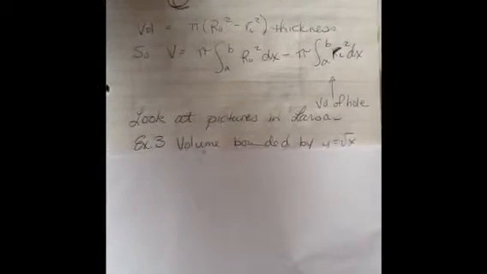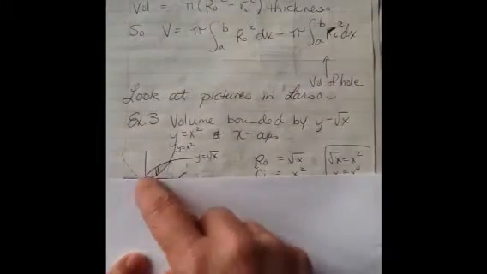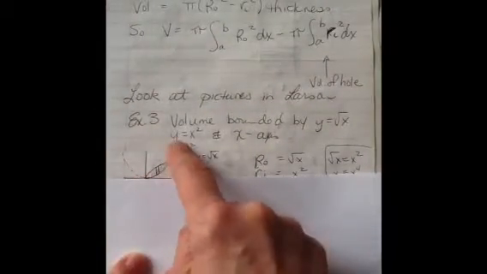Here we have an example of a volume that's bounded by y equals square root of x, y equals x squared, and the x-axis. And so what I did was I drew what I have. And if you'll notice, this is the square root, this here is the parabola, and I'm going to rotate it about the x-axis.